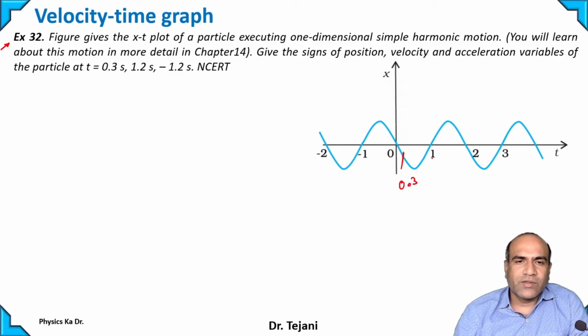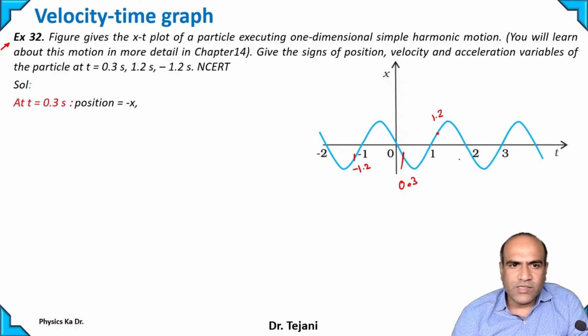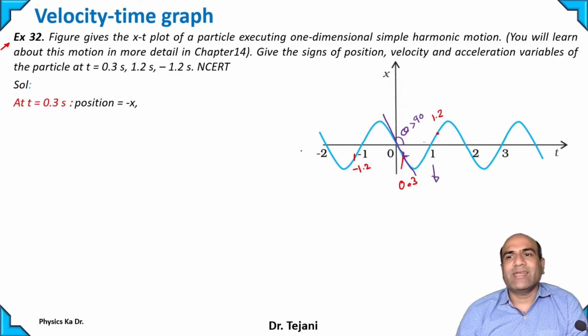0.3, 1.2, here it is 1.2, and minus 1.2, somewhere here it is minus 1.2. This is from the NCERT. Let's check. At point 0.3, theta is greater than 90 degrees. The x position is below this line, therefore x is negative.